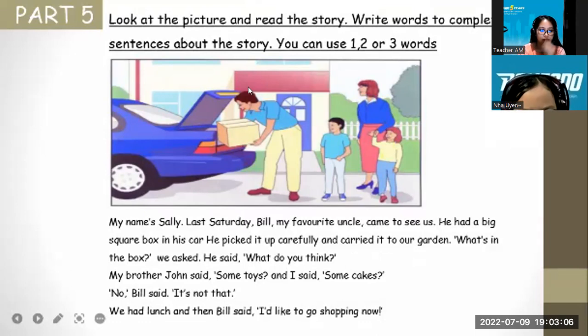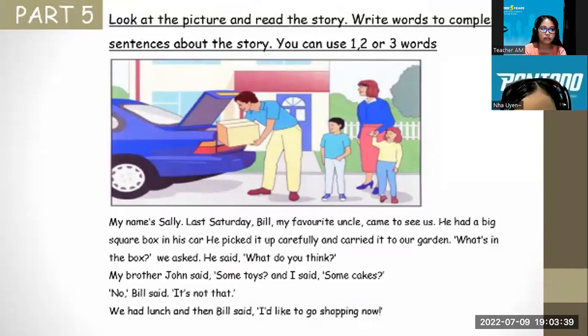My name is Sally. Last Saturday, Bill, my favorite uncle, came to see us. He had a big square box in his car. He picked it up carefully and carried it to our garden. What's in the box? We asked.